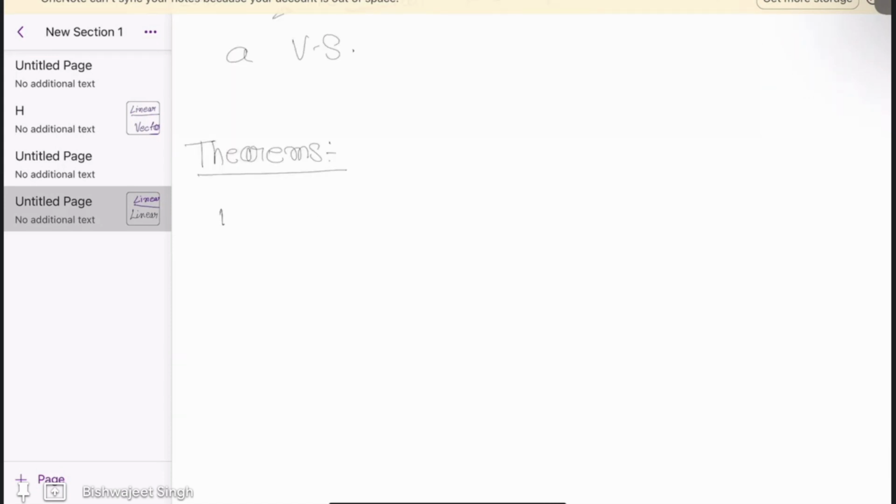So the first theorem says that if I take 0 and multiply it with x, now again there is a distinction: this 0 belongs to V, it is an element of V. So this 0 can be a function depending upon what V is.